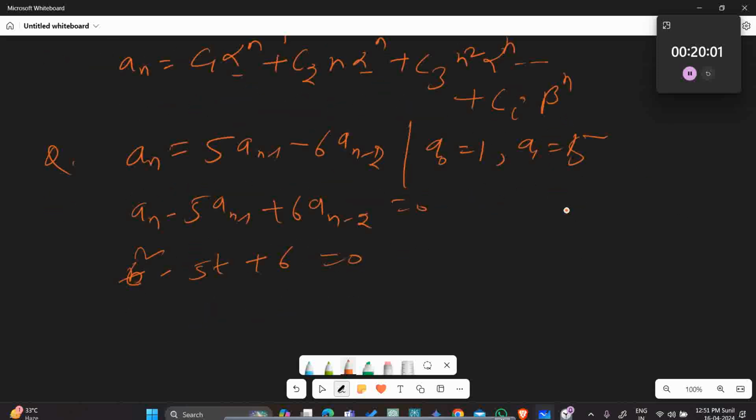Let's take 2 and 3. It's the same as the previous one. t square minus 3t minus 2t plus 6 equals 0. So t is equal to 3, 2. Alright.